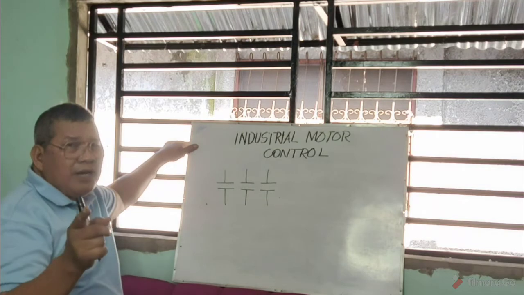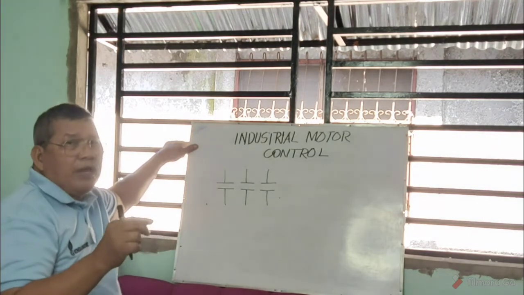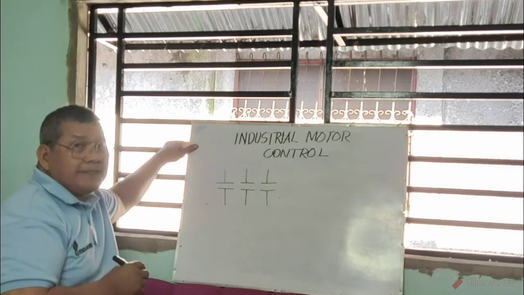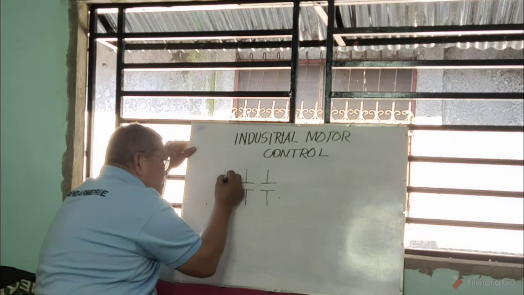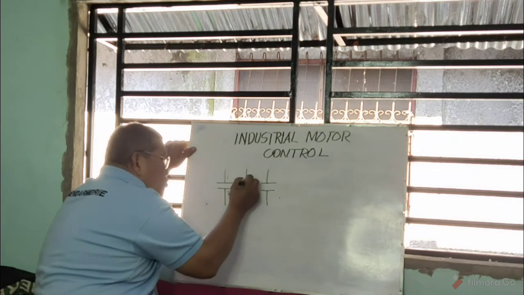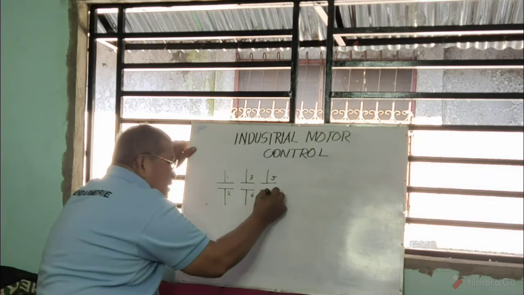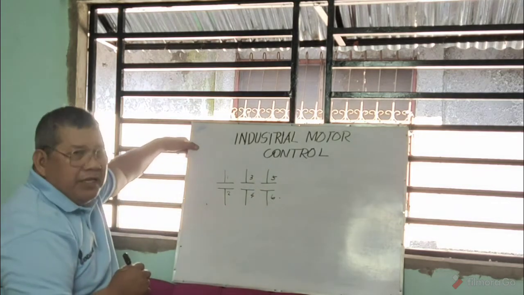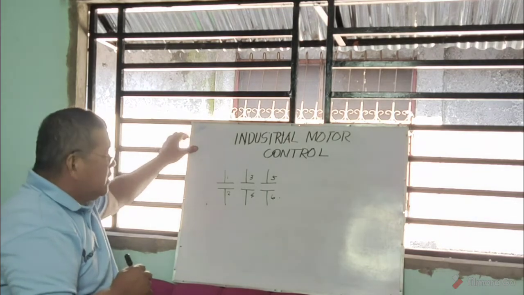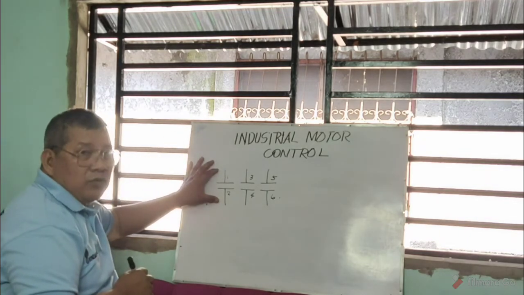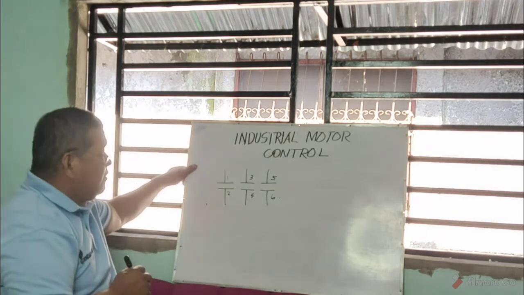Because the normally open contact for main uses the same symbol as the normally open for auxiliary contacts. You can identify main contacts because of the terminal marks 1, 2, 3, 4, 5, then 6. Meaning, when we see 1 and 2, that is one main contact. We have also another main contact. This is another contact. Okay?